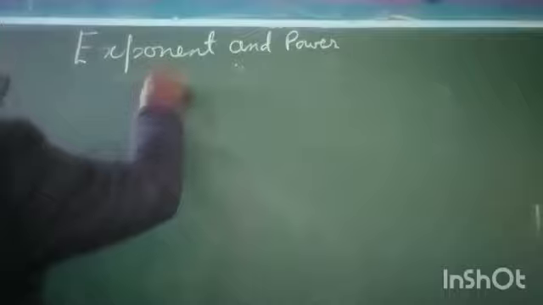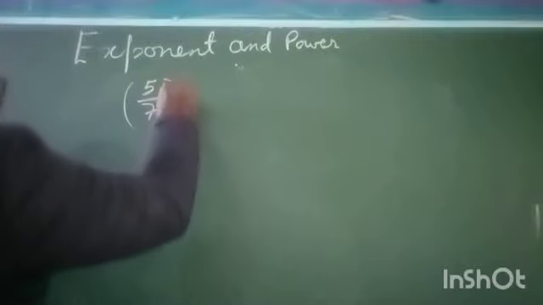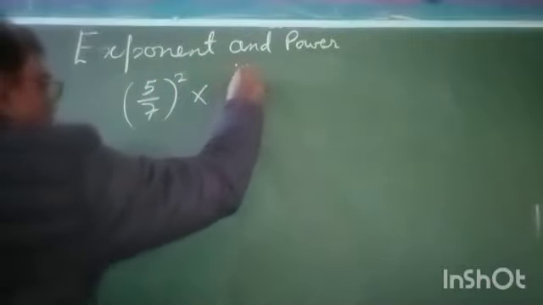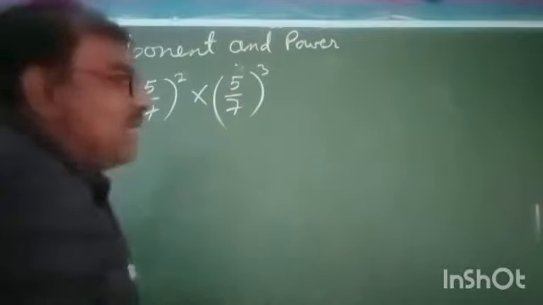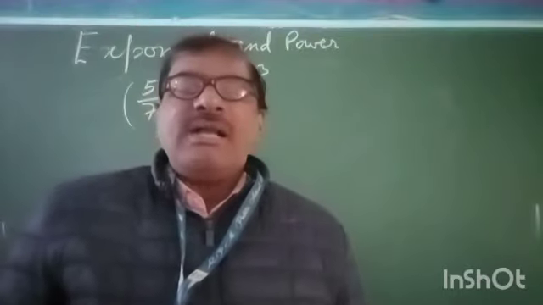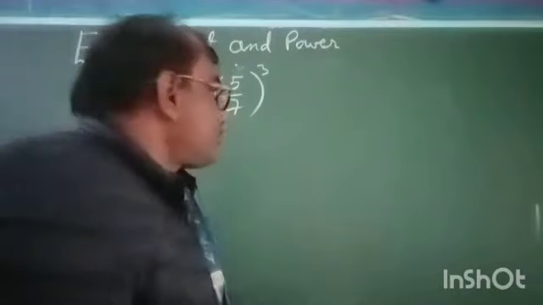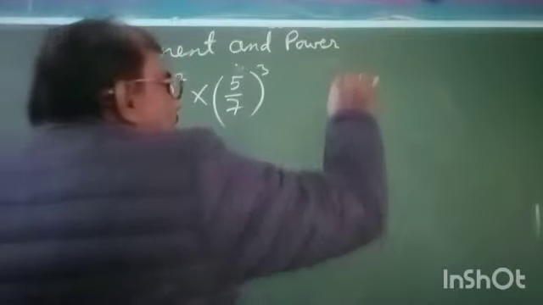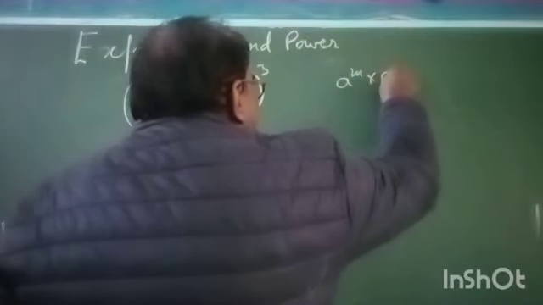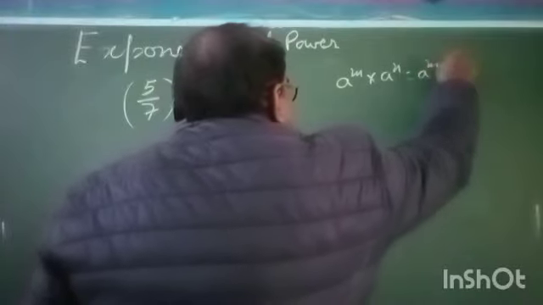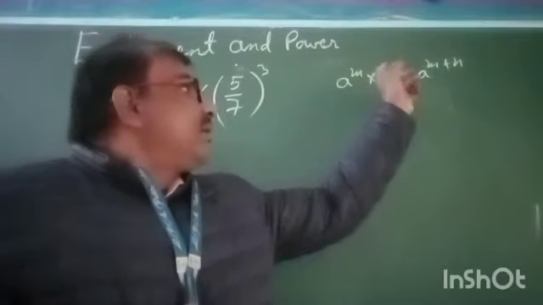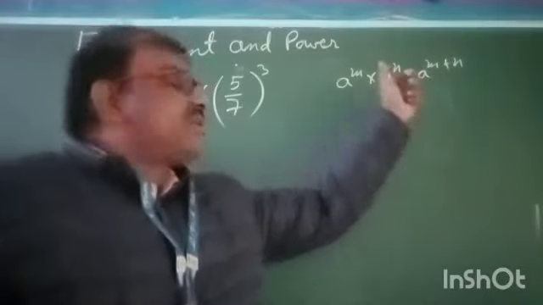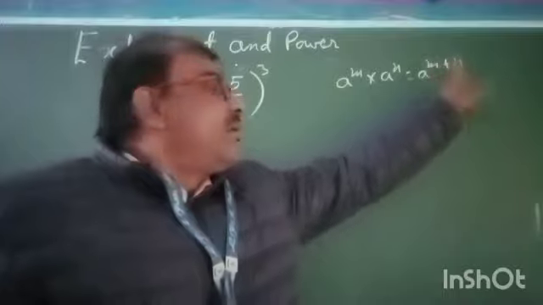The question is 5 upon 7 whole to the power 2 multiplied by 5 upon 7 whole to the power 3. As I have already explained, by the law of exponent, a to the power m multiplied by a to the power n equals a to the power m plus n. It means if the powers are different but the base is the same, then I will add the powers.